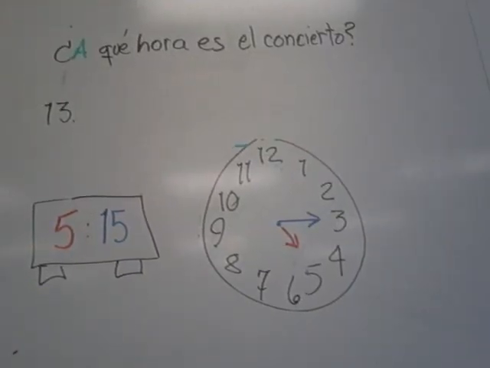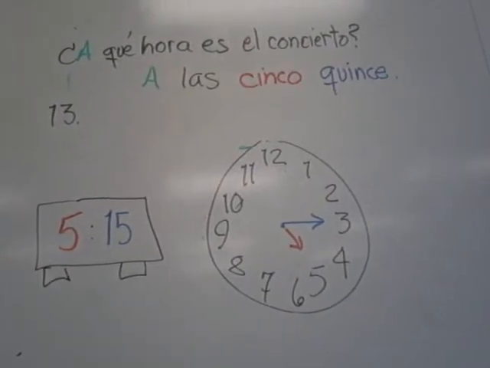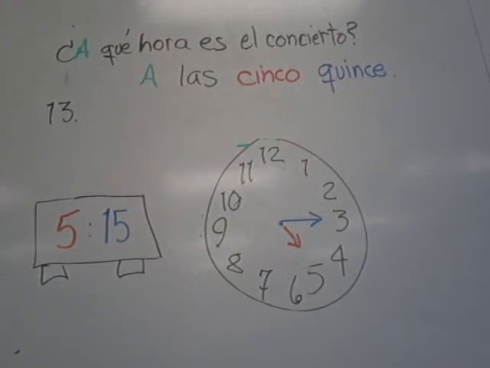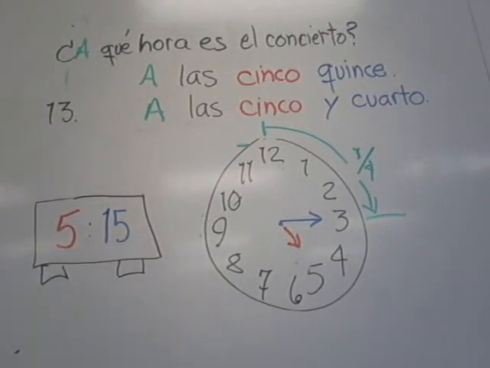Number 13. ¿A qué hora es el concierto? What time is the concert? A las 5:15. We answer a las because I asked ¿a qué hora es? At what time? Or you could have answered a las 5 y cuarto.